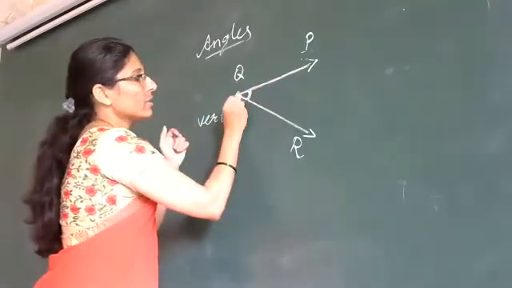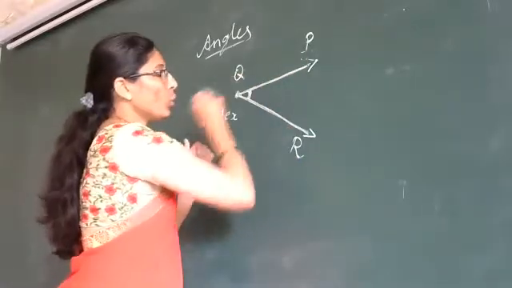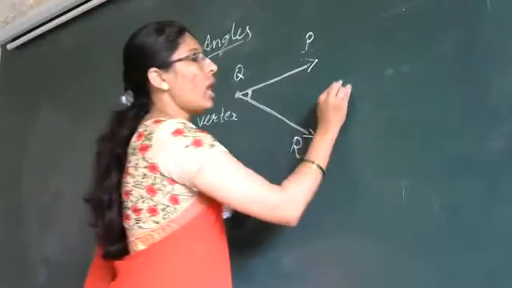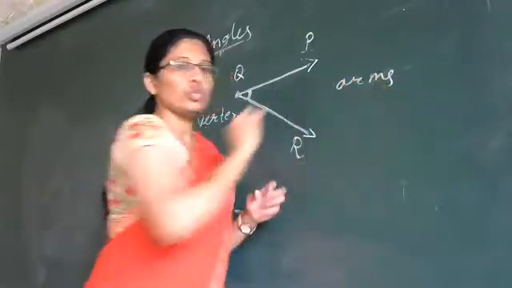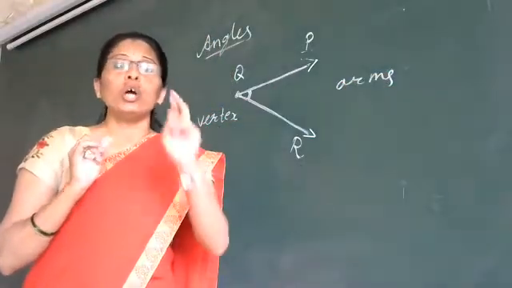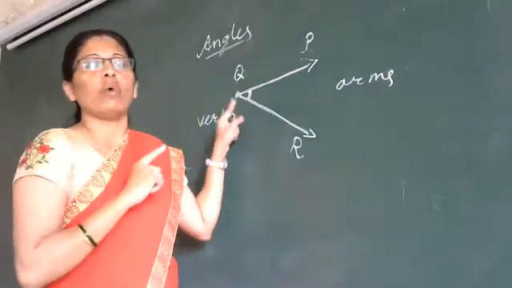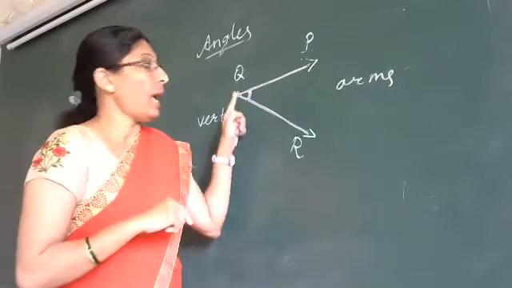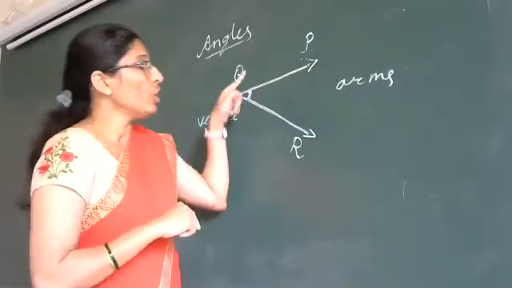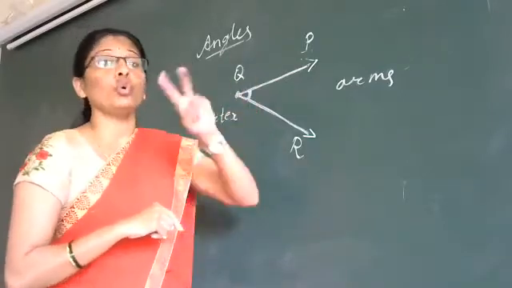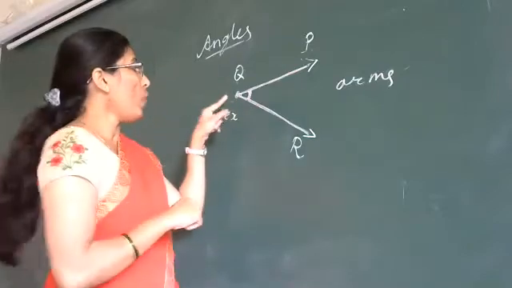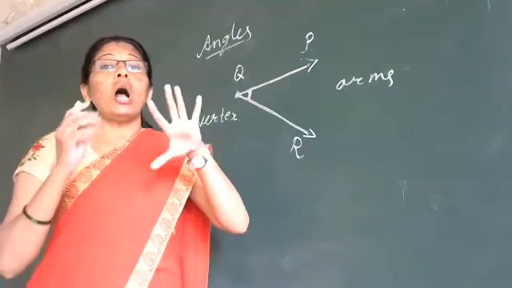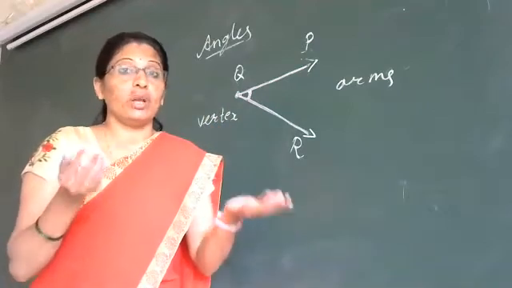And these rays, ray PQ and ray QR, are known as arms. An angle has two rays or two arms and one vertex.